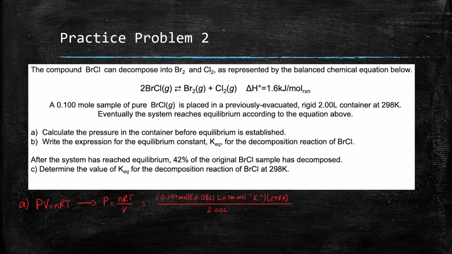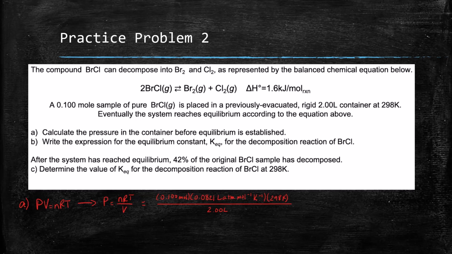If we plug those values in from the problem and remember our R, which is our constant, we get 0.10 moles times 0.0821 liters atmospheres over moles Kelvin times 298 Kelvin divided by 2 liters.